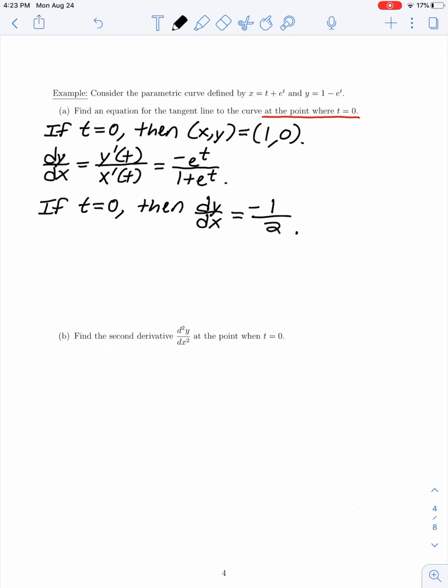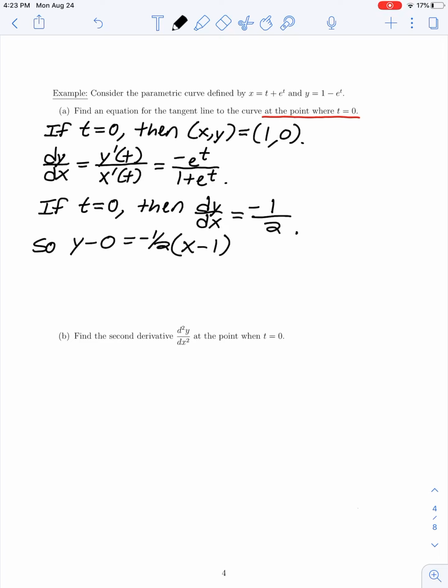So now that I have a point on my line and its slope, I'm ready to find the equation of the line using point-slope form. So we would have y minus the y-coordinate for our point, which was 0, is equal to our slope of negative 1/2 times x minus the x-coordinate for the point that the line passes through, which we found to be 1.